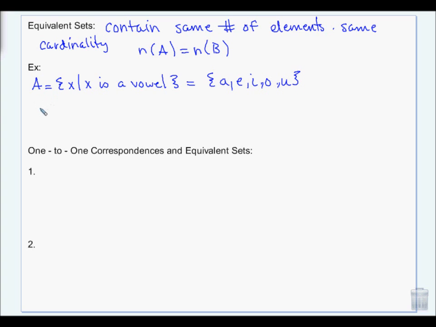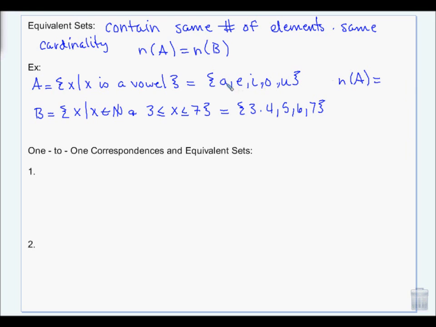And then if I had set B, x is a natural number and 3 is less than or equal to x is less than or equal to 7, that set would be 3, 4, 5, 6, 7. Cardinality of A is 1, 2, 3, 4, 5. Cardinality of B, 1, 2, 3, 4, 5. So these sets are equivalent.